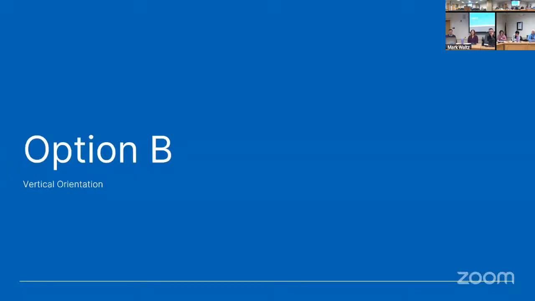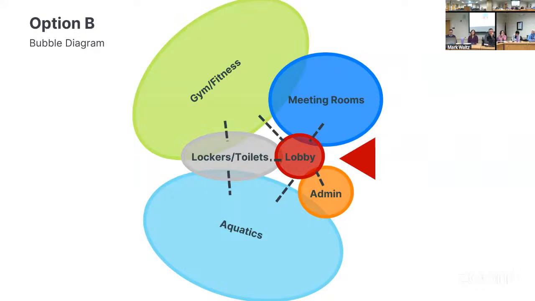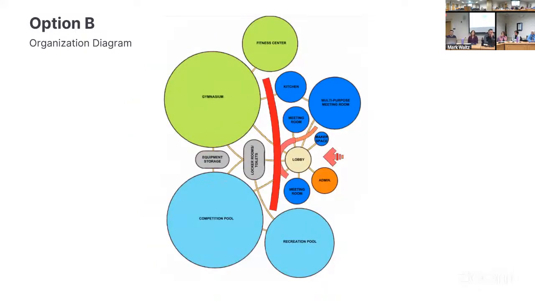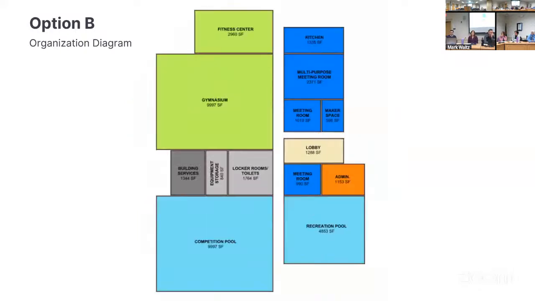So another consideration is just looking at things a little differently, and that's a vertical orientation. Instead of having the toilet room lockers that had circulation on both sides, this one organizes things similarly, putting gym, fitness, and aquatics opposite locker rooms with a lobby, meeting rooms, and admin. But let's jump right to this.